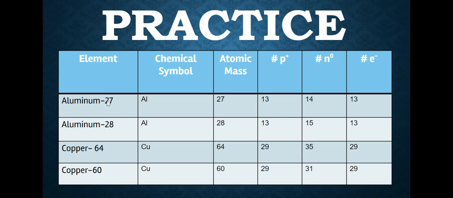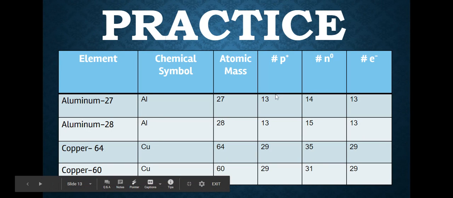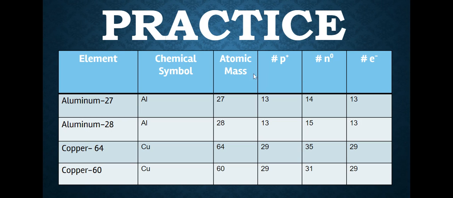Notice that both samples of aluminum, aluminum-27 and aluminum-28, have the same chemical symbol, the same number of protons, the same number of electrons. The only two columns that are different are the atomic mass, which we know is this number at the back end of the element in isotopic notation, and the number of neutrons, because the mass number is simply the number of protons plus the number of neutrons.